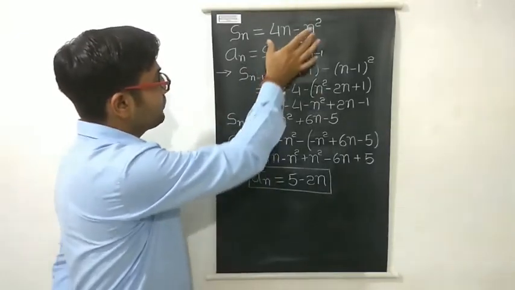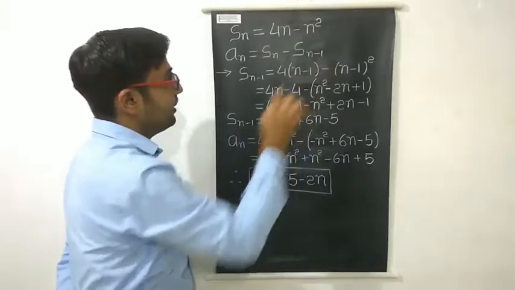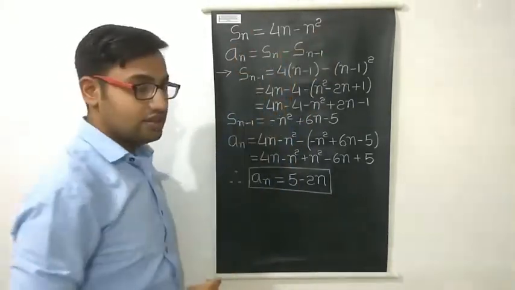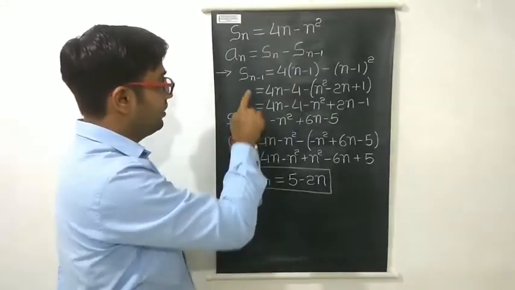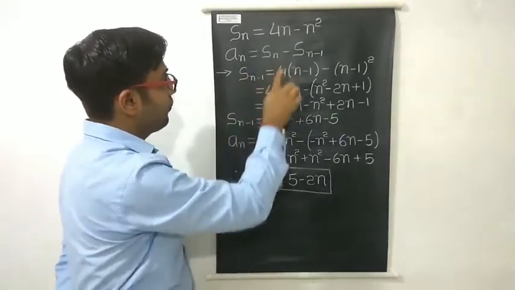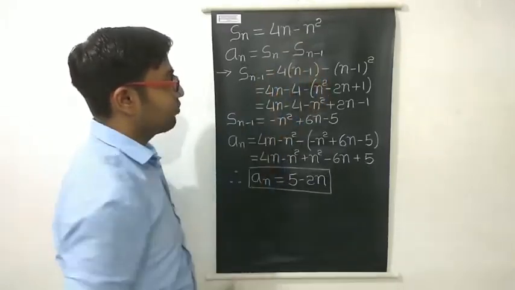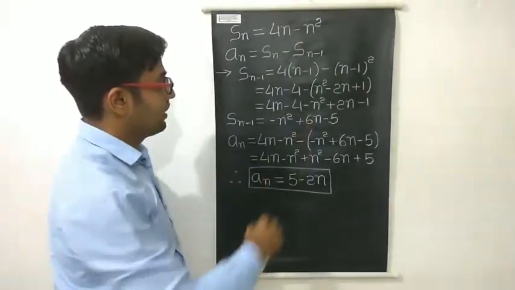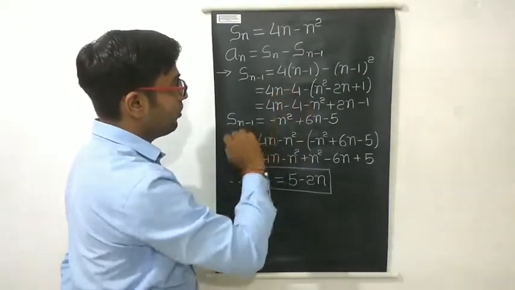So now use this formula for n and n minus 1. For n, it remains as it is. For n minus 1, we have to find out the value. So Sn minus 1 is equal to 4, instead of n, now we have to put n minus 1, minus n minus 1 square. Now multiply it: 4n minus 4.